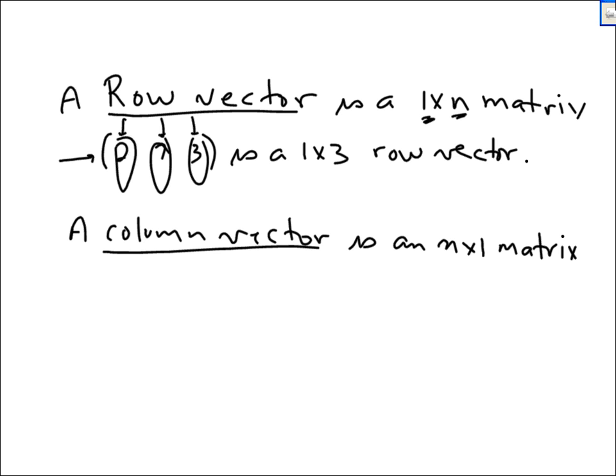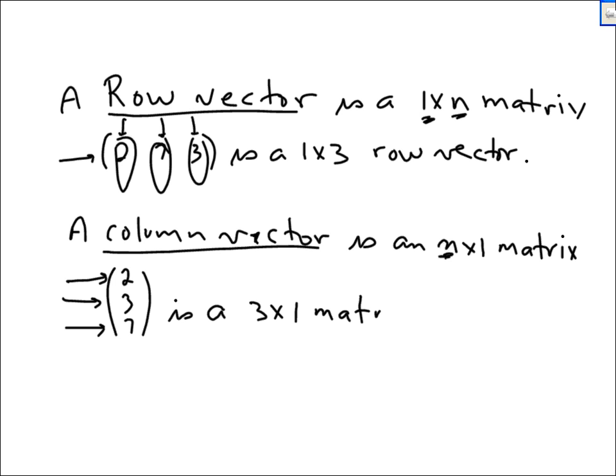It has n rows, but only one column. 2, 3, 7 is the one column, and it has row 1, row 2, and row 3. It has 3 rows. It is a 3 by 1 matrix. If it just has one column, it is a column vector.